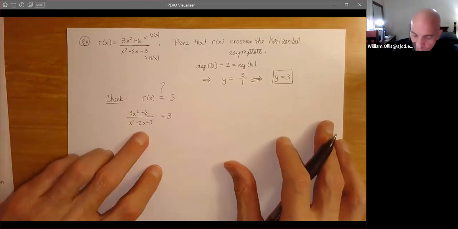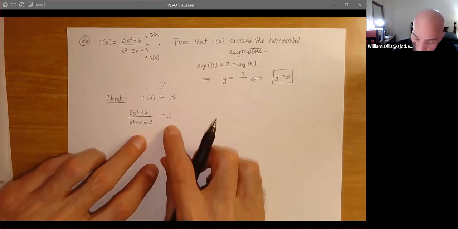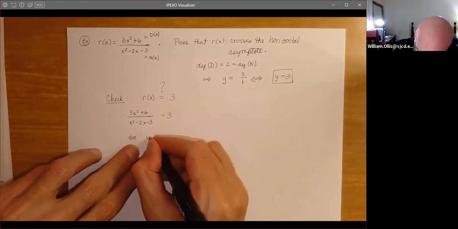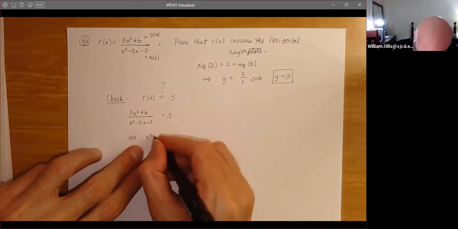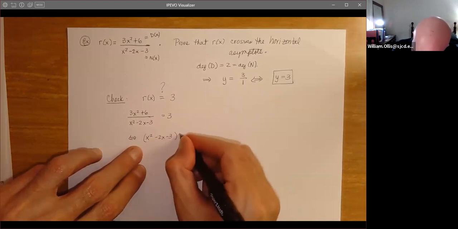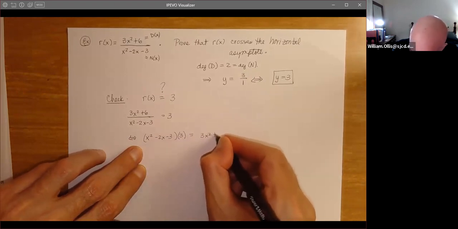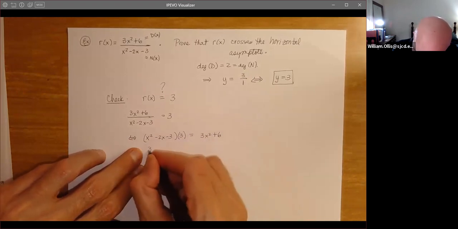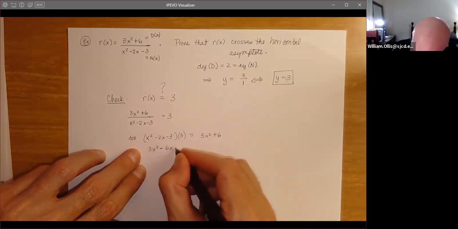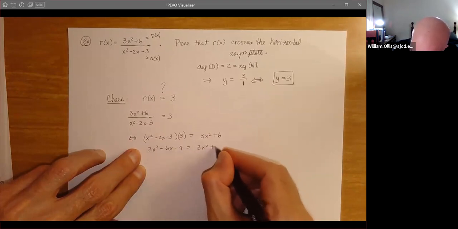So we have 3x squared plus 6 divided by x squared minus 2x minus 3 equals 3. So let's cross multiply. So we have, in this case, x squared minus 2x minus 3 times 3 equal to 3x squared plus 6. So again, this is 3x squared minus 6x minus 9 equals 3x squared plus 6.